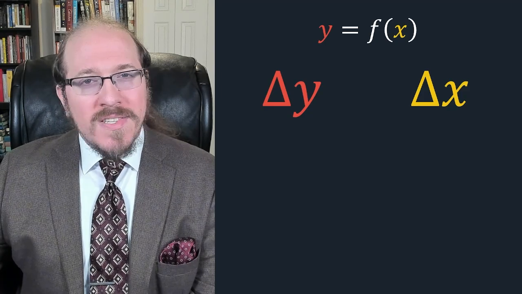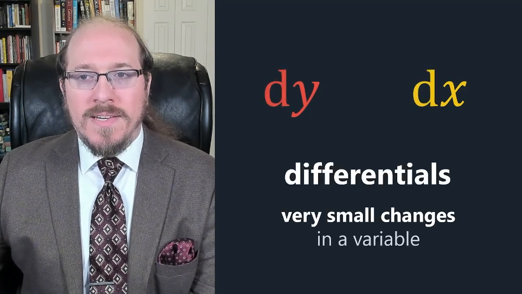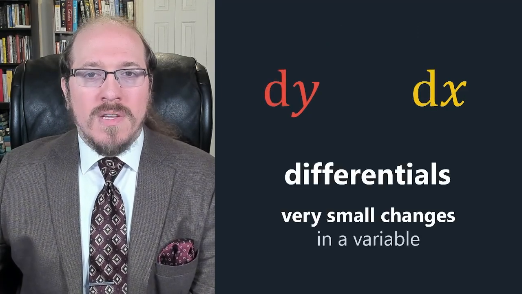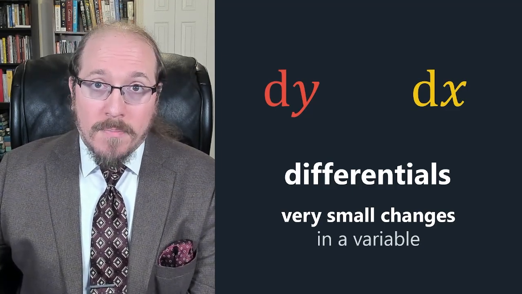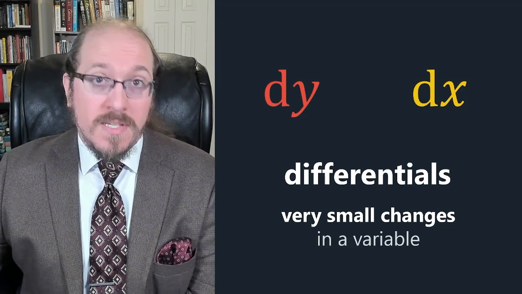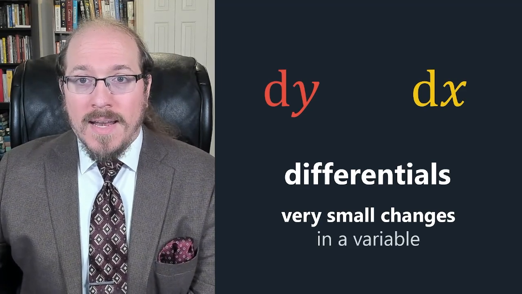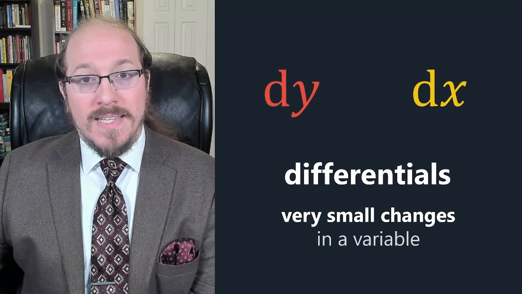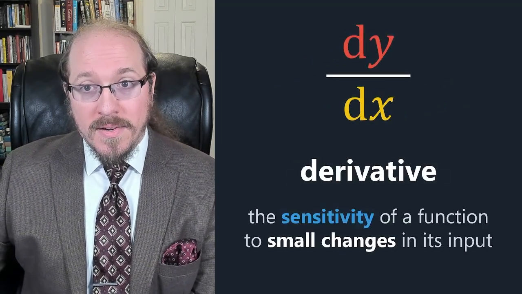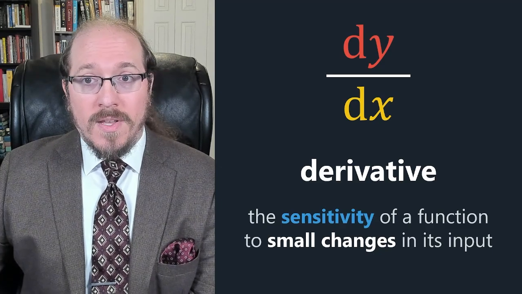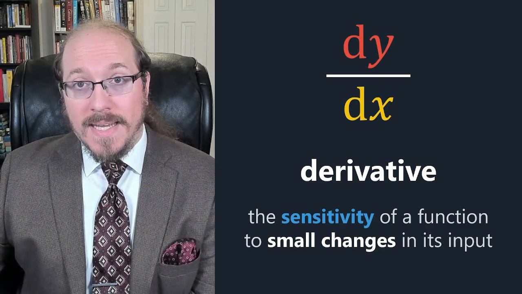We call those very small changes differentials, and we usually use a lowercase d to represent them, instead of that triangle, which is the uppercase Greek letter delta, which stands for difference. Now, if we look at the ratio between these smaller and smaller changes, the value that ratio settles in on is called the derivative, which we write as dy over dx.